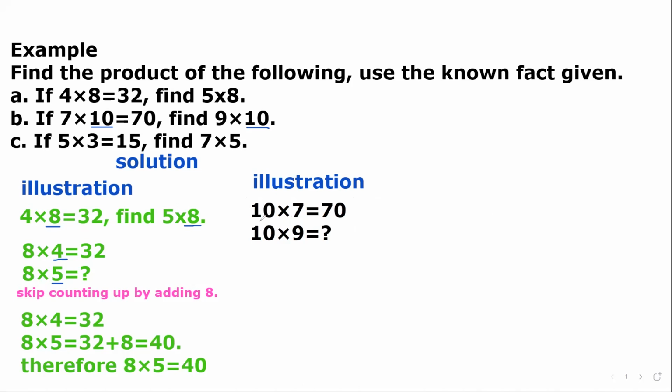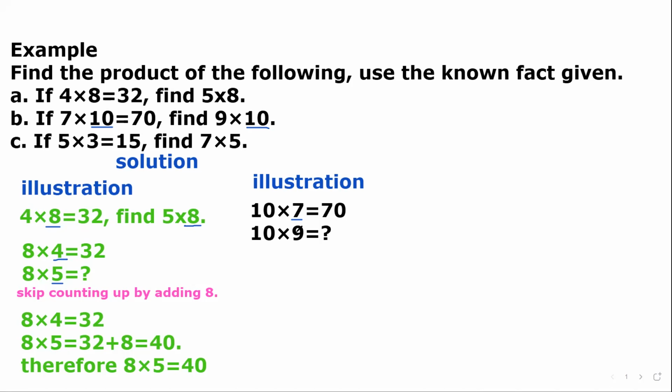Now let's do our analysis. It's obvious that 10 times 7 is 70, but we're supposed to find 10 times 9. From 7 to 9, the number has increased, which means that you are going to skip counting up. Skip counting up means you will be adding the multiplier, which is the 10, to the known facts.